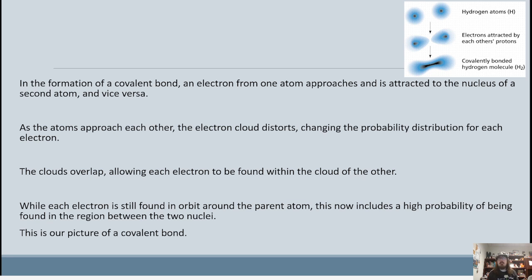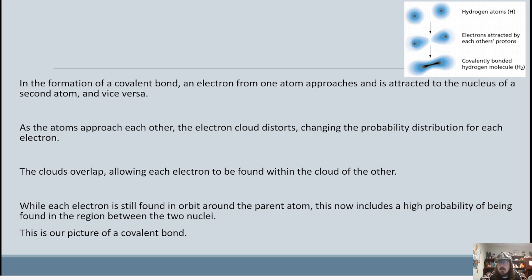So how do we imagine covalent bonds? Well, when we have covalent bonds, we've got to remember the electrons are probabilistically found within a cloud location. And this has to do with the attraction of the nucleus to the electrons.